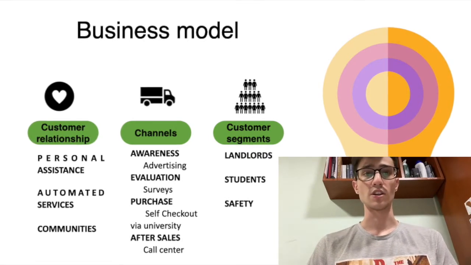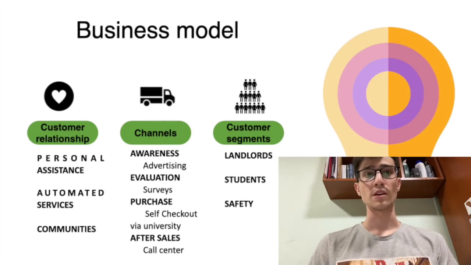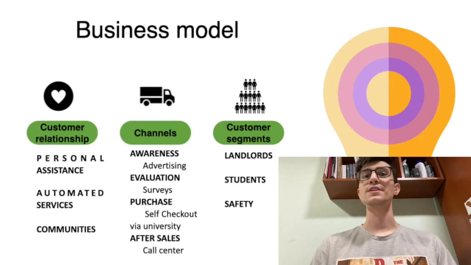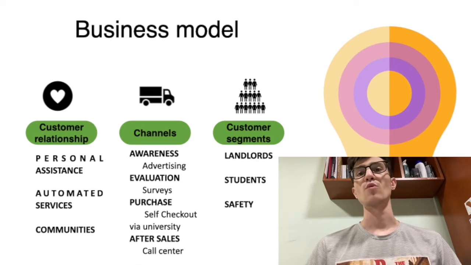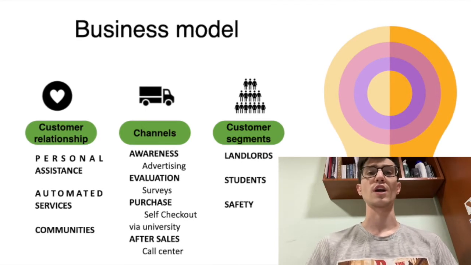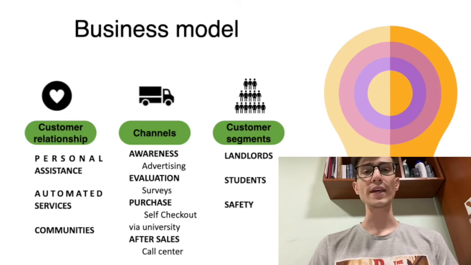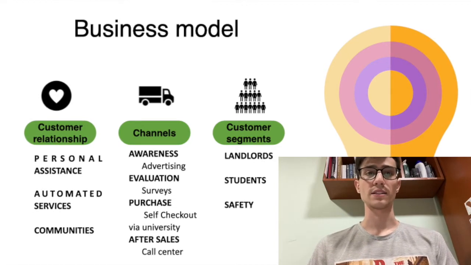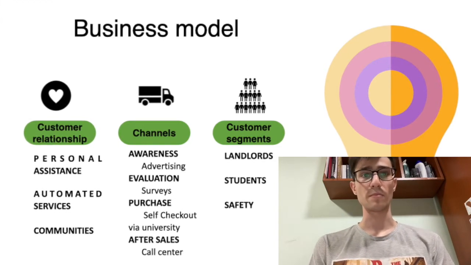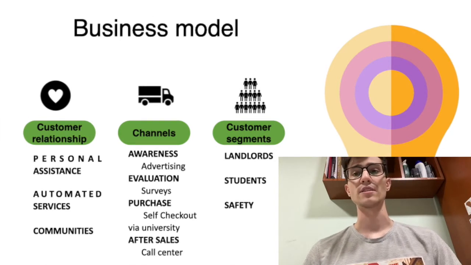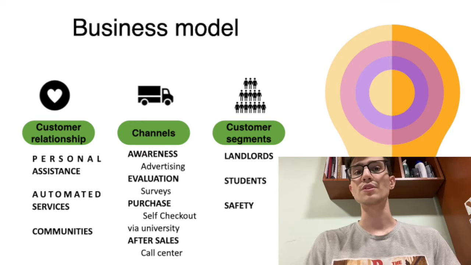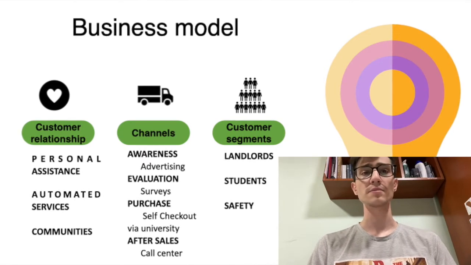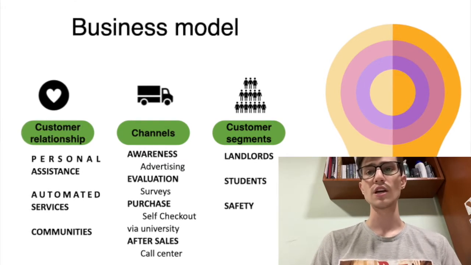Then going to the channels. Actually, it's important to understand which pathway is the best for our service to reach our customer. And we highlighted four of them. First, it's awareness, and we can do this via advertising. Then it's evaluation.